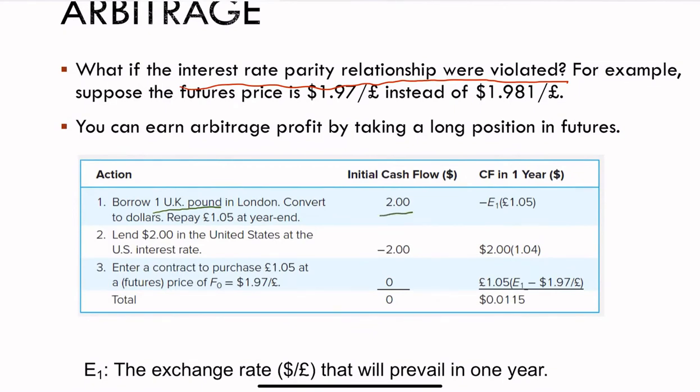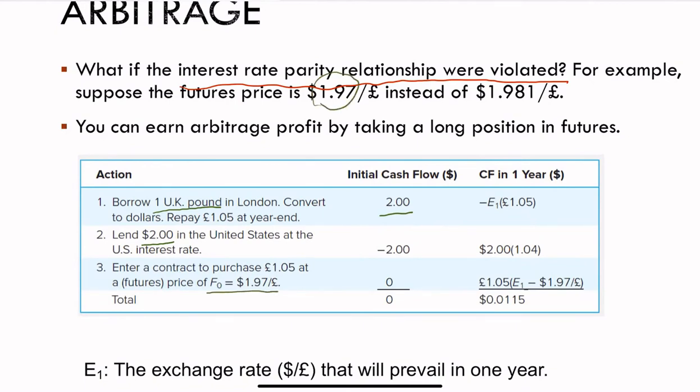And then you will invest this $2 in the US, right? And then you will enter a contract. That is, you will take a long position in this futures contract. And we know that the futures price is 1.97. That is this number.